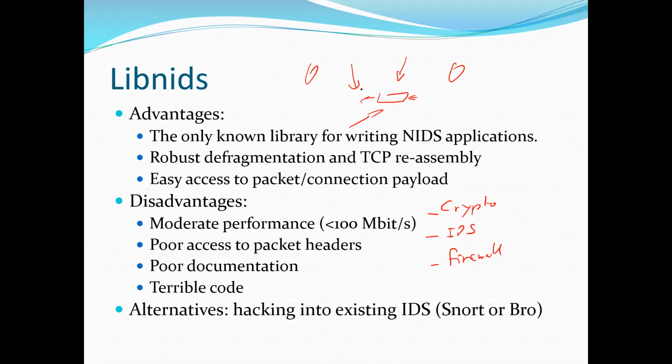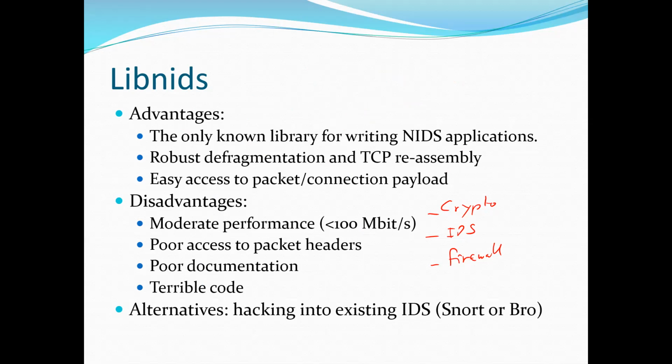And if something hits, it just gets dropped. But if nothing hits, it just goes through. So it's meant to be pretty fast, because again, you can't slow down the network because business priority should come first, although security is extremely important too. So it does have some moderate performance, maybe not so great.